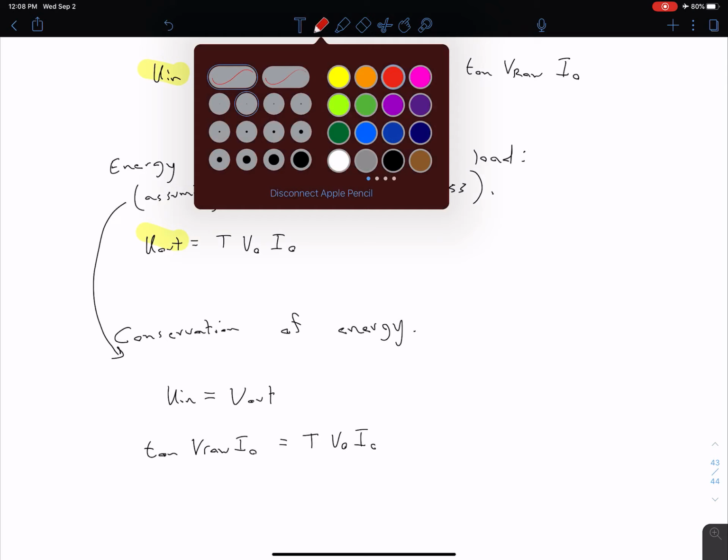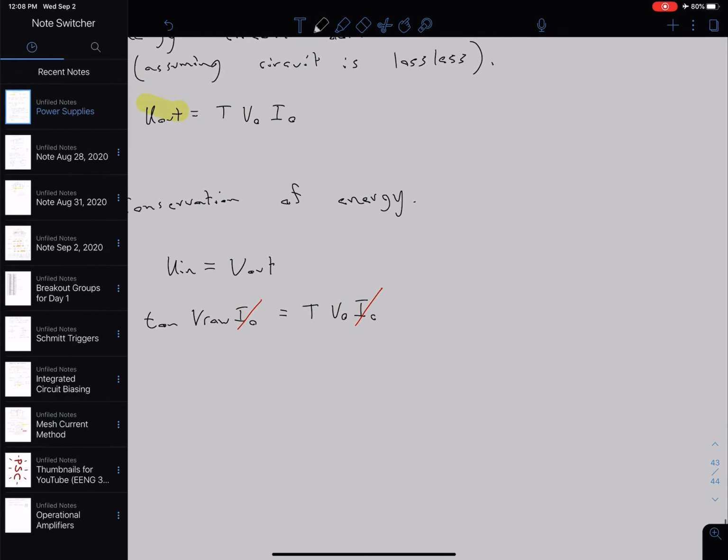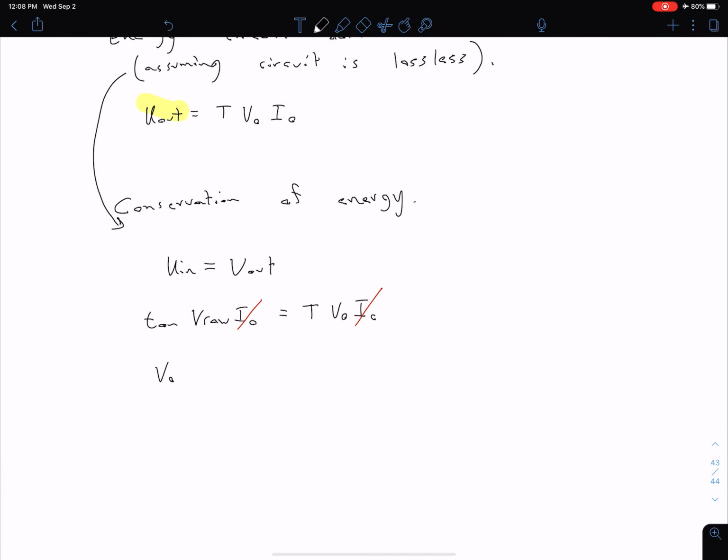And so we can see, of course, that our I_out is going to be canceling, and then let's rearrange this equation. We can solve for our V_out. So we can say our V_out is V_raw times our T_on divided by T. Well, we had previously defined that T_on over T to be our D_buck, so we can say V_out equals V_raw times D_buck.